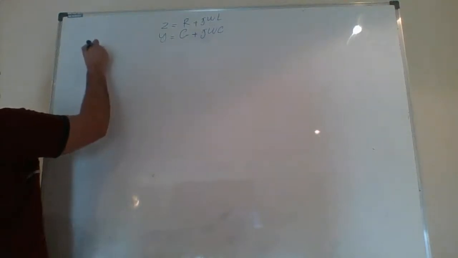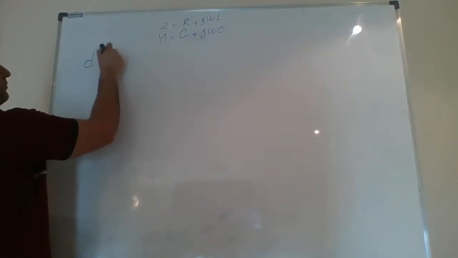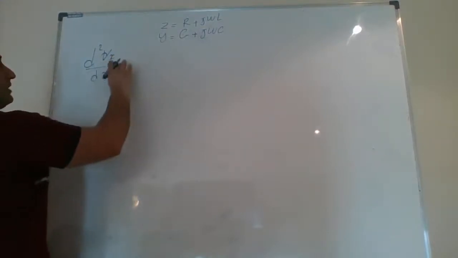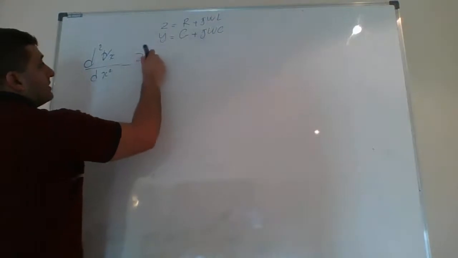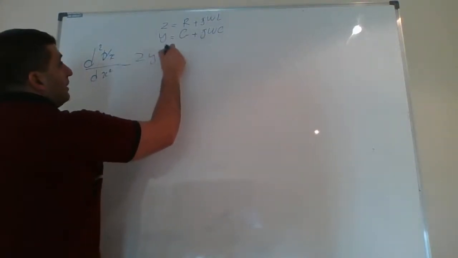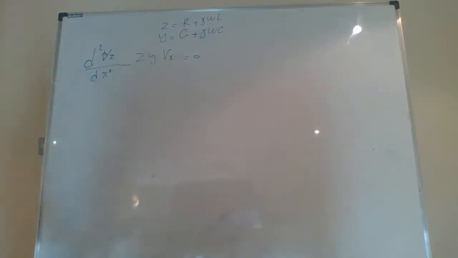So the answer now, I have d squared Vx over dx squared minus zY Vx equal 0. This is my second order differential equation.